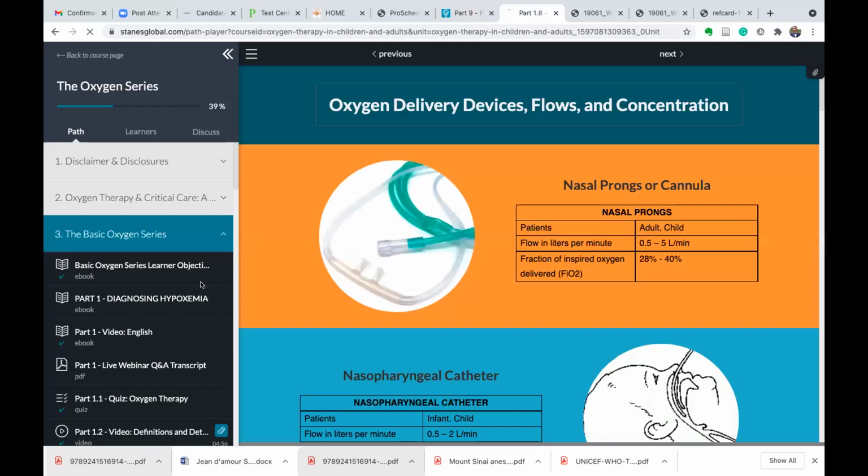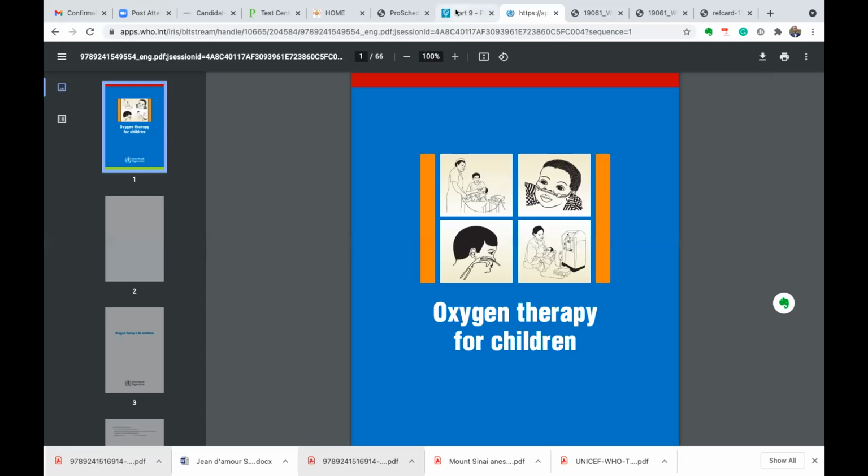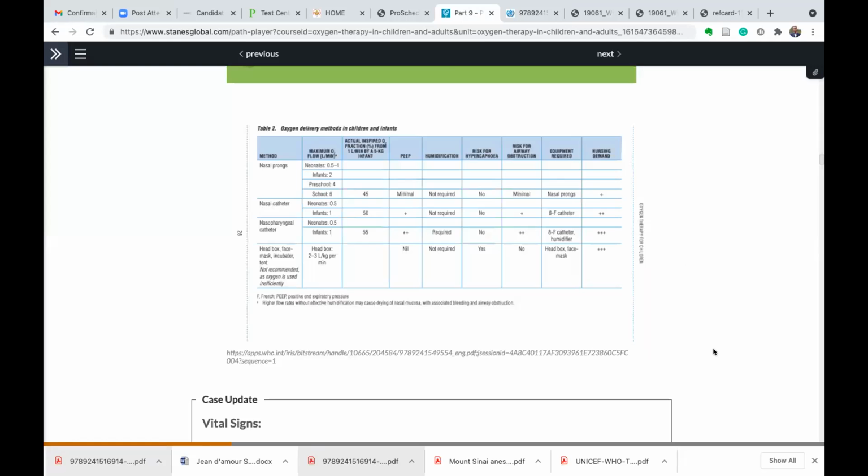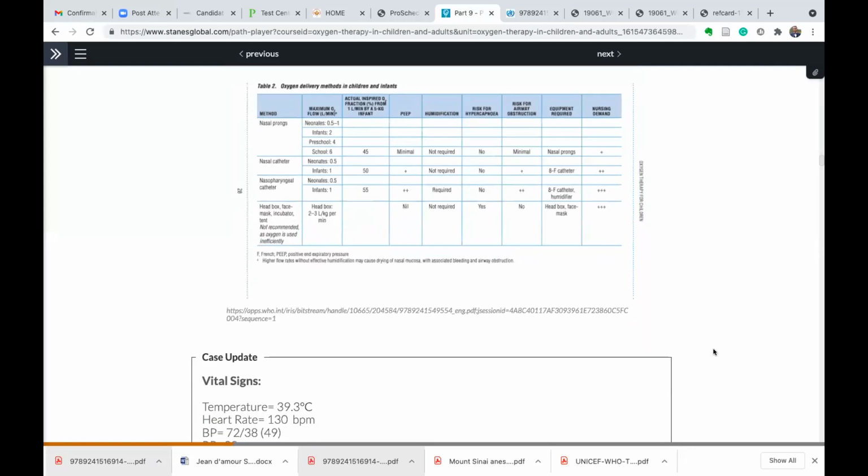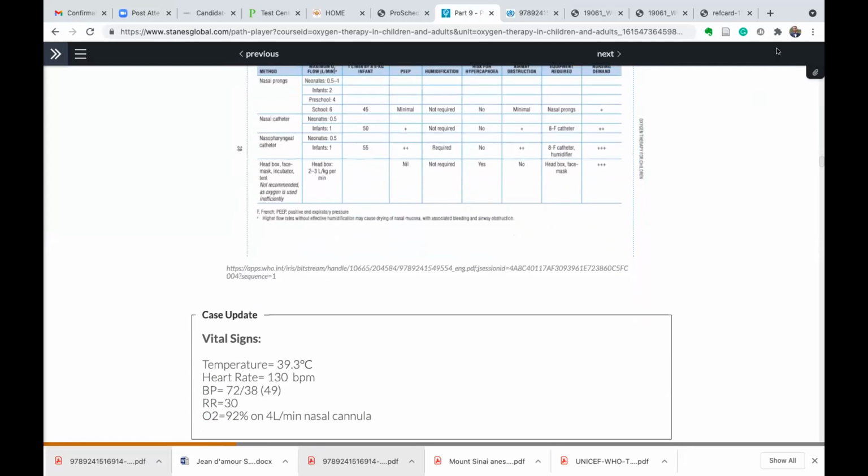Okay, very good. Let's see what people gave. Nasal cannula 6 liters. Okay, I think that's reasonable. Let's see what happens.